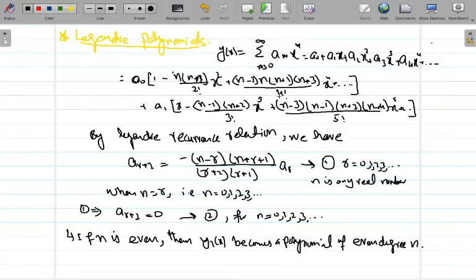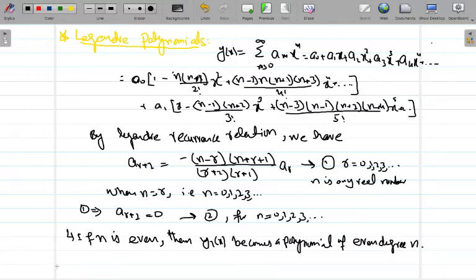This is y1, because we have reduced this solution to the form y is equal to a0 y1(x) plus a1 y2(x). So when n is even, these are the even terms, so we get y1 a polynomial of even degree. And now we will see how.